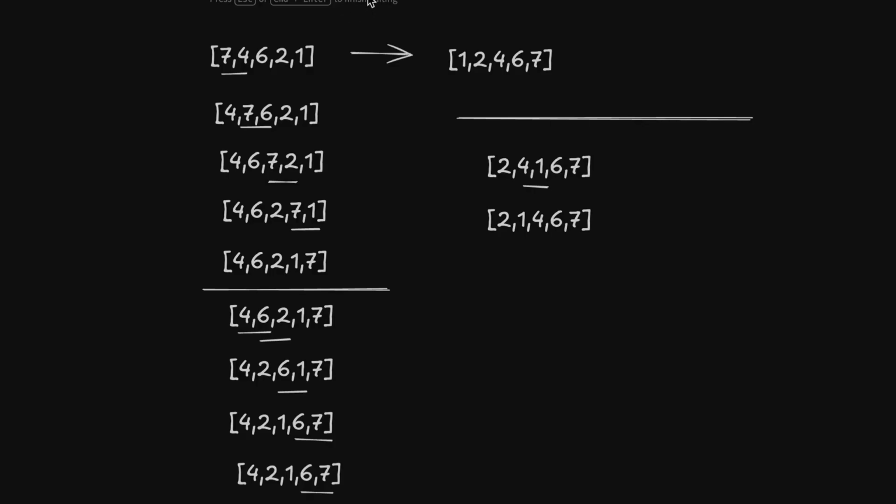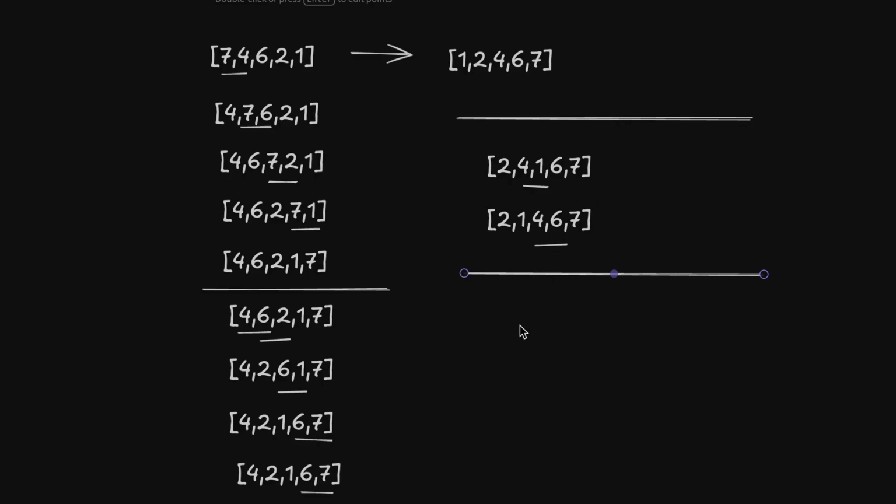Okay, now again we have to check this 2. This 2 is already sorted, no swap will happen. So now you can see in the third pass the third element is also sorted.